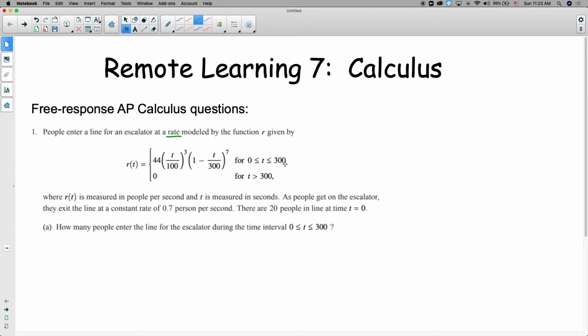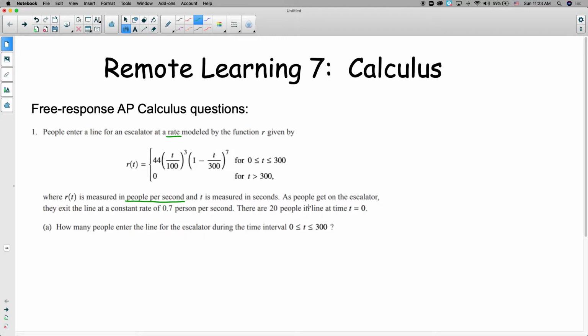For time 0 to 300 seconds, it goes on to say later on, this is the model that represents the rate at which people are entering the line. And then after time 300, no more people line up. So then it just flattens out after that. Okay, so r(t) is measured in people per second. t is measured in seconds. Remember, people per second. So that's another clue that we're dealing with a rate. It's important to think about that.